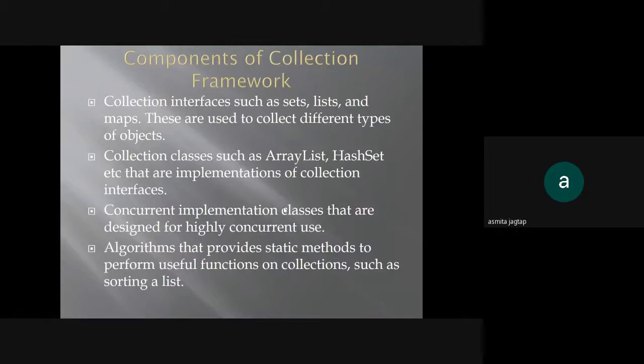So, the components of the collection framework: collection interfaces such as set, list, and maps. These are the key concepts. When you go to a product-based company, data structure is an important part. Why?